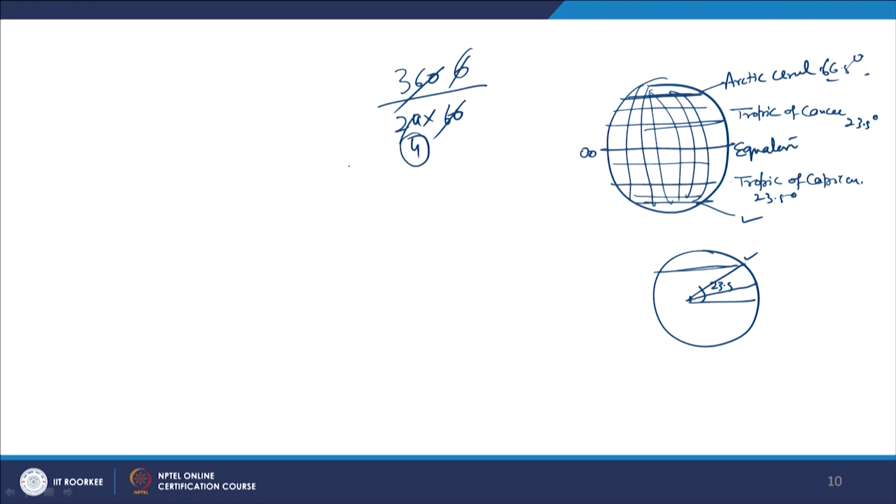It means if you move by 1 degree, it means 4 minutes. If there is a difference in longitude of 10 degrees between two places, the time difference between these two places is going to be 40 minutes.